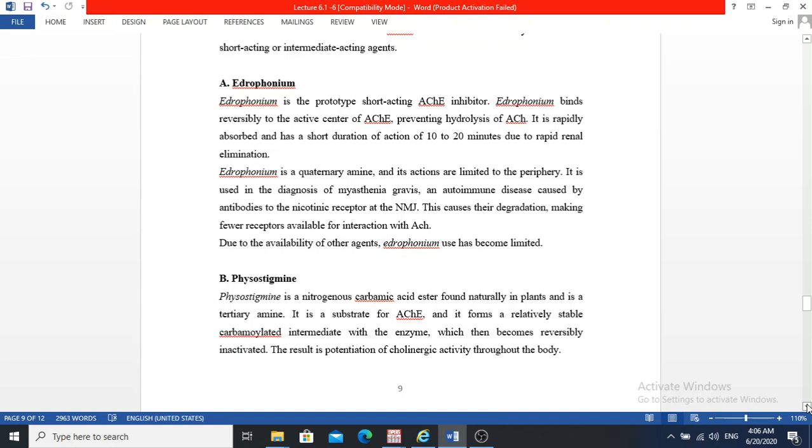Physostigmine is a nitrogenous carbamic acid ester found naturally in a plant and is a tertiary amine.